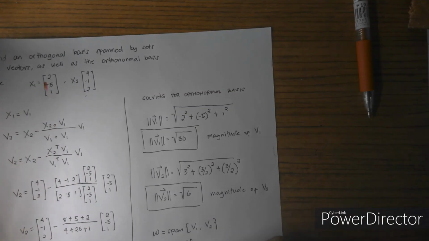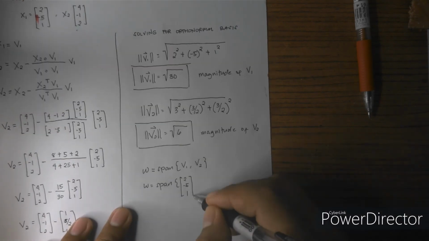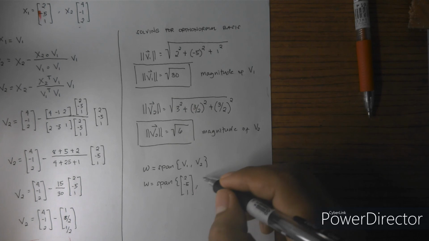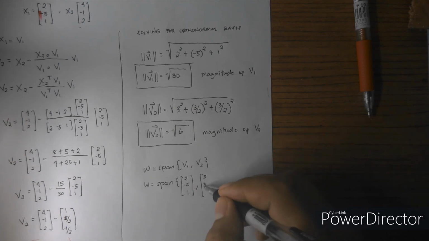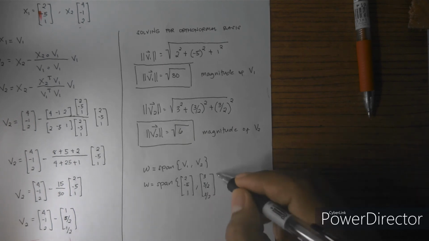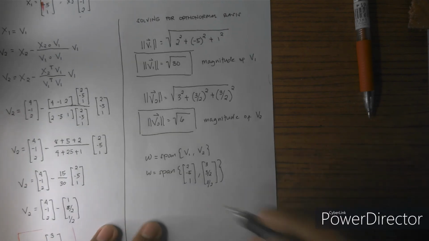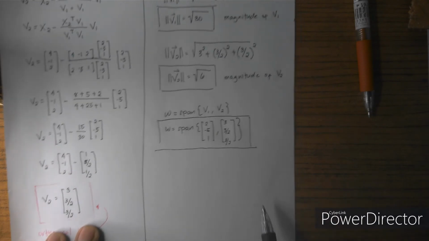Our v sub 1 is 2, negative 5, and 1. And our v sub 2 is 3, 3 halves, and another 3 halves. So that is the span of our vectors from vector 1 to vector 2.